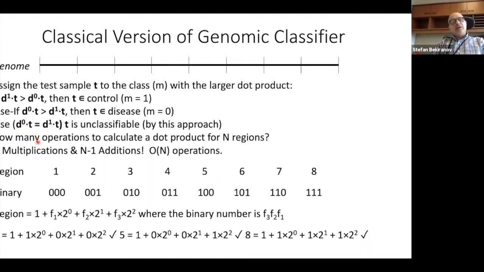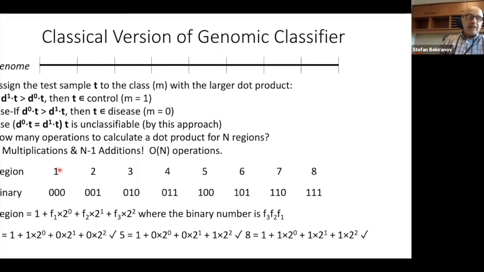Okay, so let me just ask now, how many operations does it take to calculate the dot product for n regions? Well, by my counting, it's n multiplications and n minus 1 additions simply. So that's an order n method, order n operations. Okay. Now I'm going to add another layer which primes the pump for the quantum classifier.